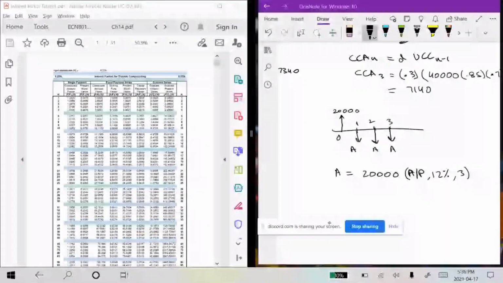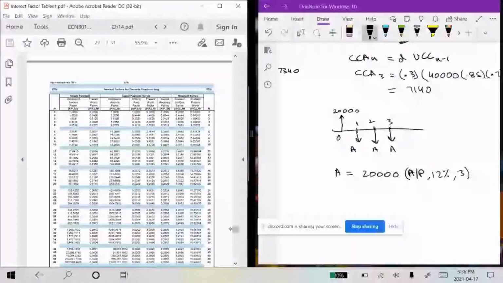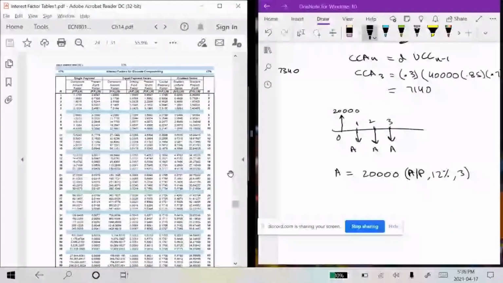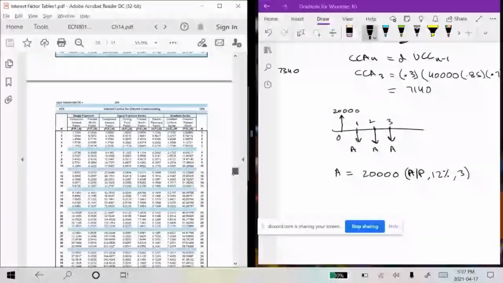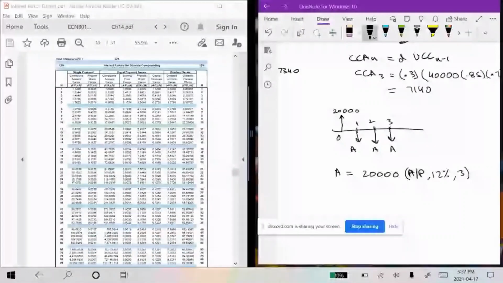Right, so we go to the 12%. Now we need A/P 12% 3, which is right here, 0.4163.